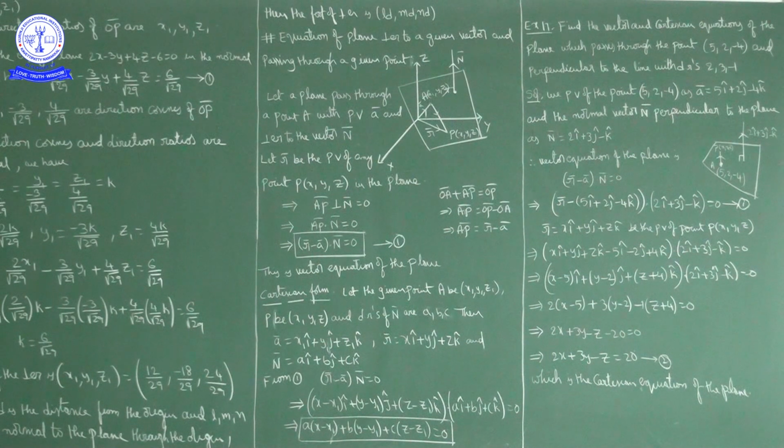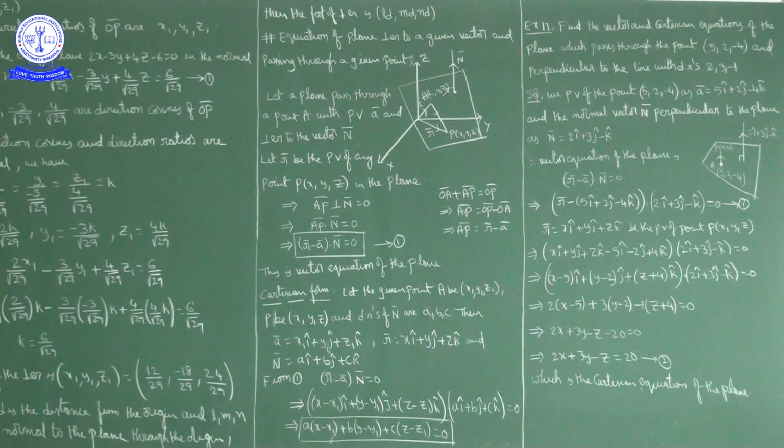Example 17. Find the vector and Cartesian equations of the plane which passes through the point (5, 2, minus 4) and is perpendicular to the line with direction ratios 2, 3, minus 1.